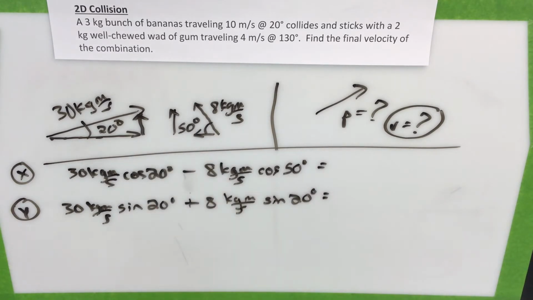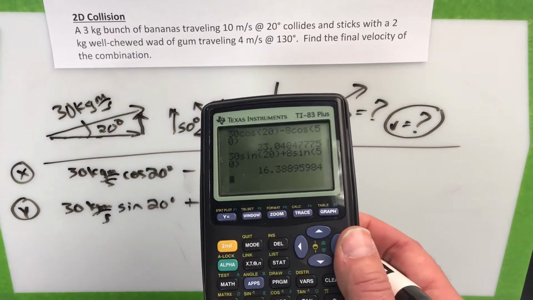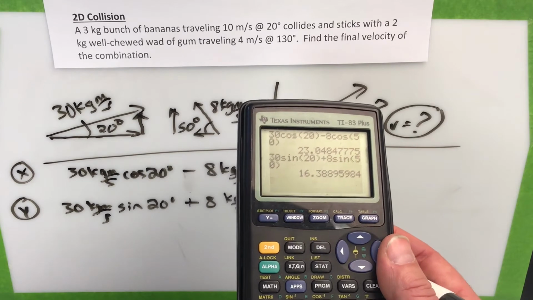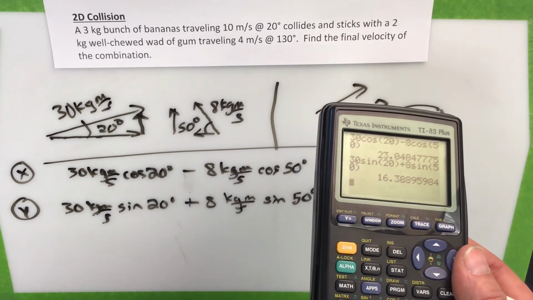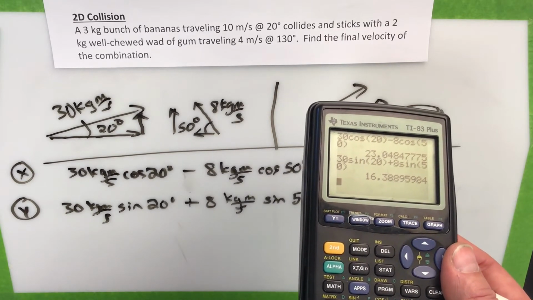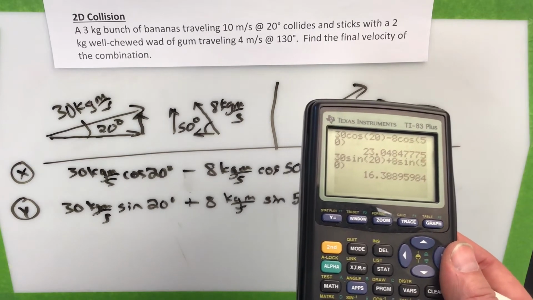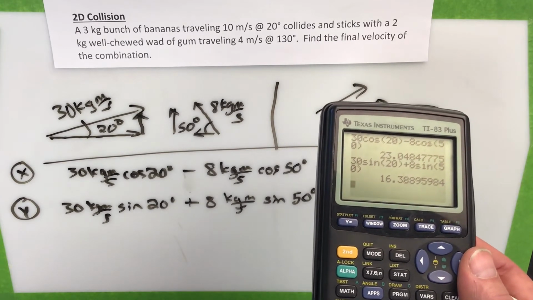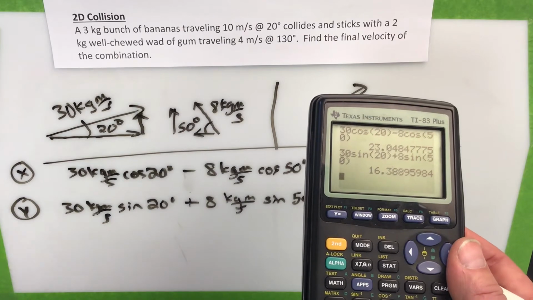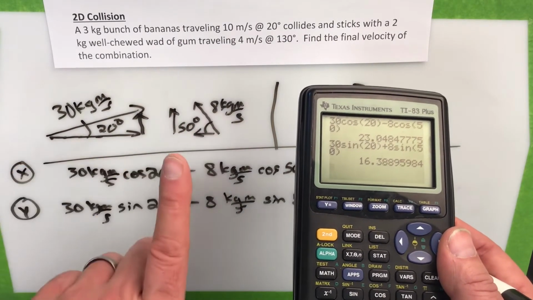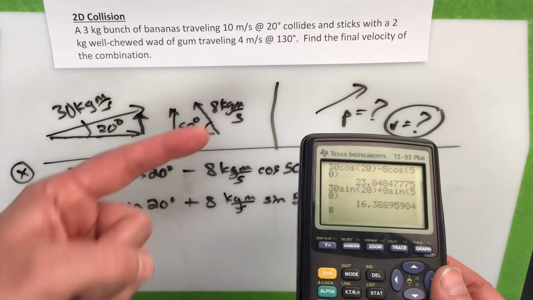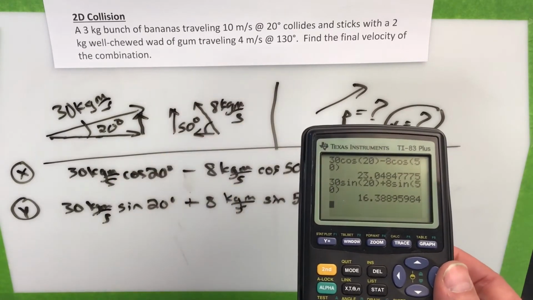Got to pay attention to the direction here, and then add those things up. So I took those two and added them up and got 30 cosine 20 minus 8 cosine 50 is 23.0, and 30 sine 20 plus 8 sine 50 gives you 16. So I've got 23 positive direction, 16 positive direction. And it looks like the final answer will be in that first quadrant as expected.